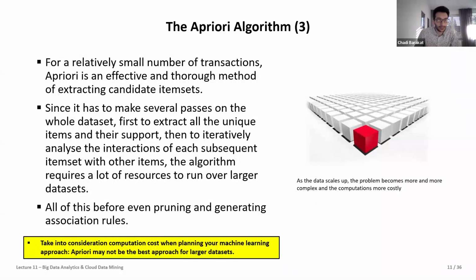So your main task here is not just to produce good association rules, but also to produce rules that are cheap, so you don't lose money trying to develop these rules. The main idea is to take into consideration the computation cost when planning your machine learning approach, because Apriori is probably not the best approach here.